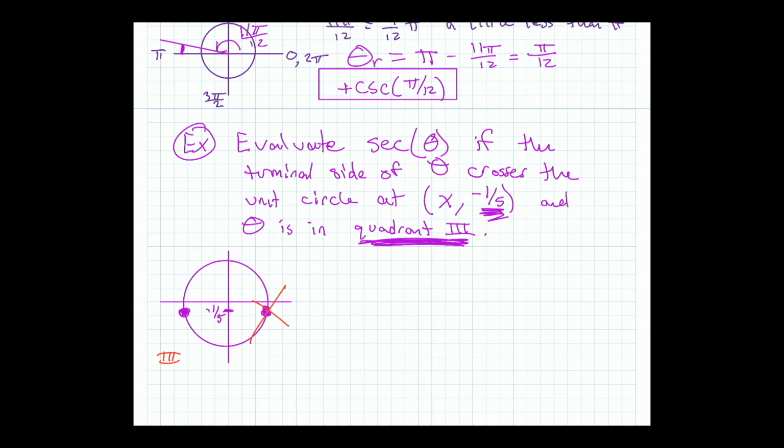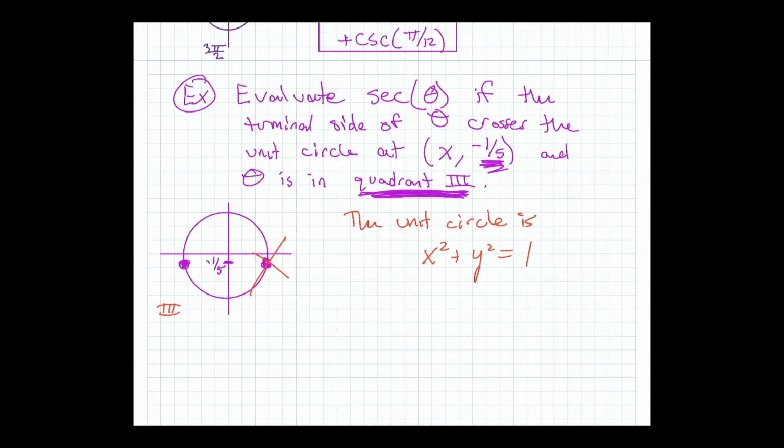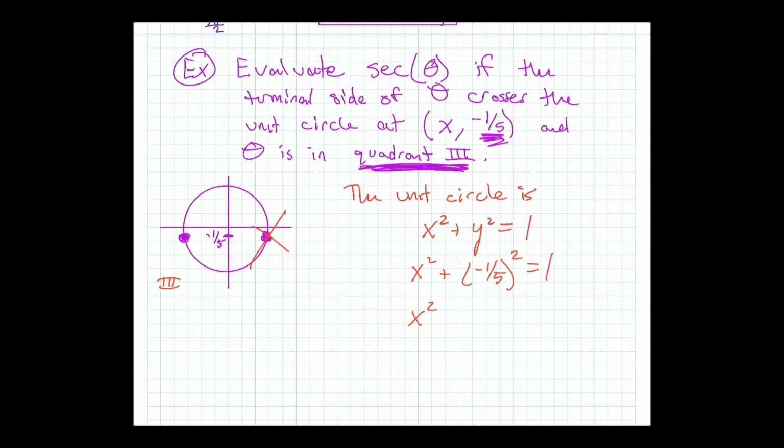So you know that the unit circle is x squared plus y squared equals 1. But now I'm telling you what the y value is. It's -1/5. So you substitute that y value in for the y. So you have x squared plus 1/25 equals 1.